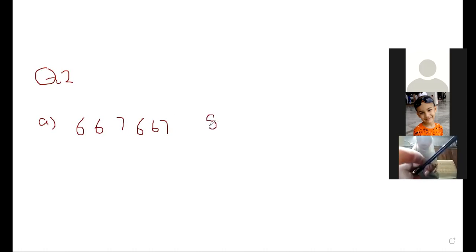Question number 2, part A, that is 6, 6, 7, 6, 6, 7, and we are saying circle the place value of 60,000.